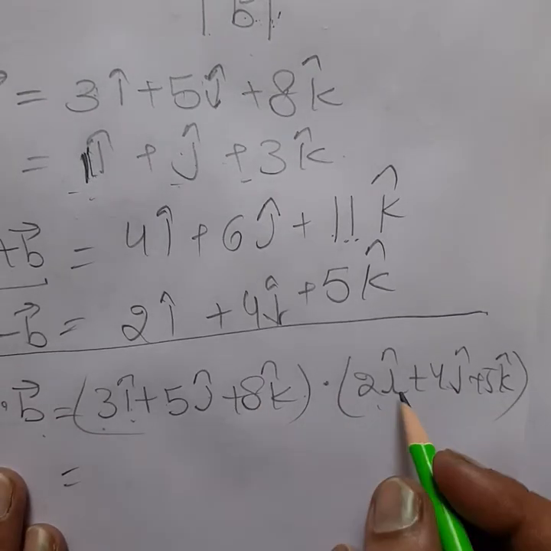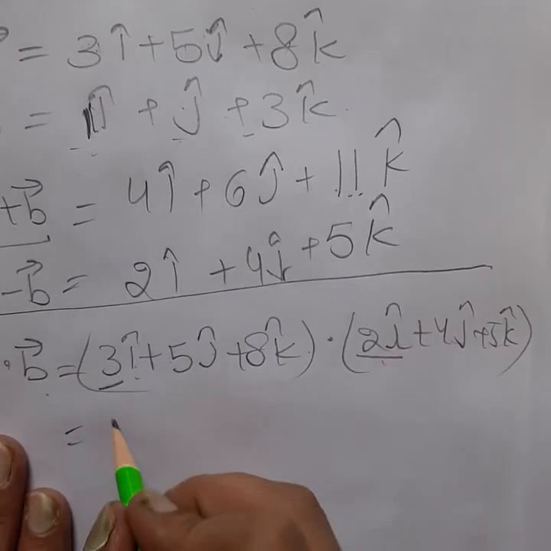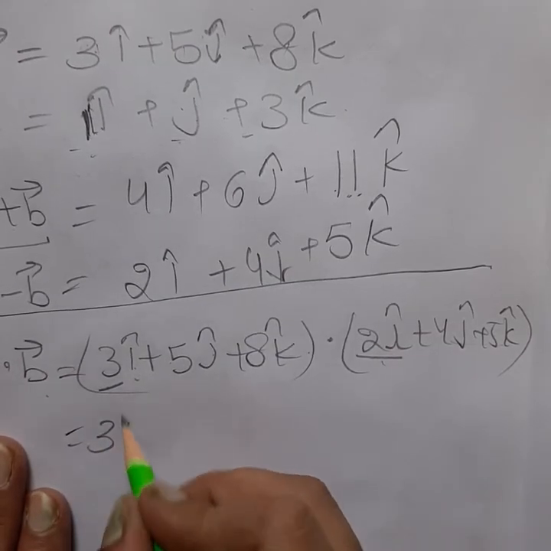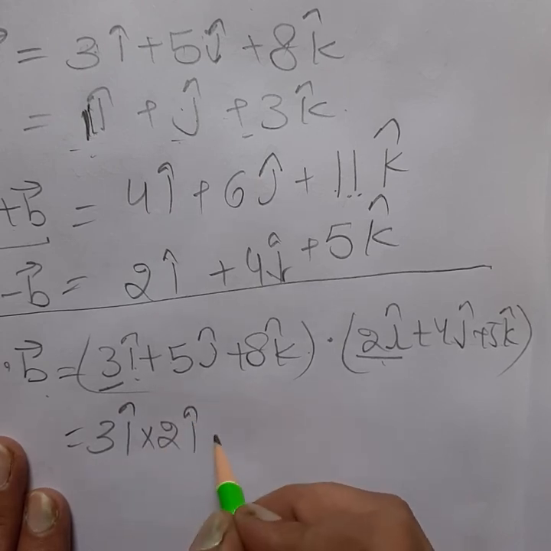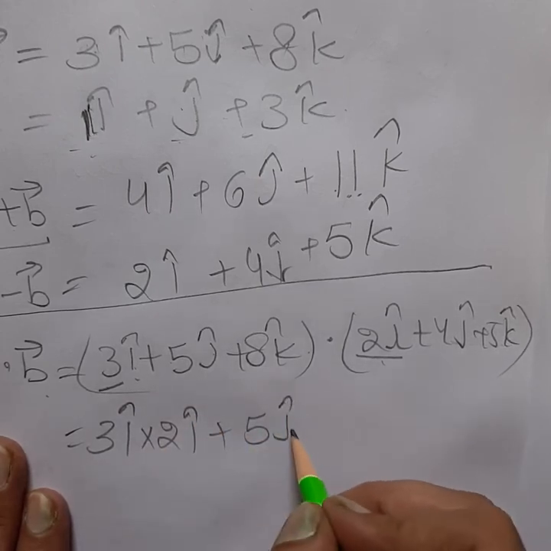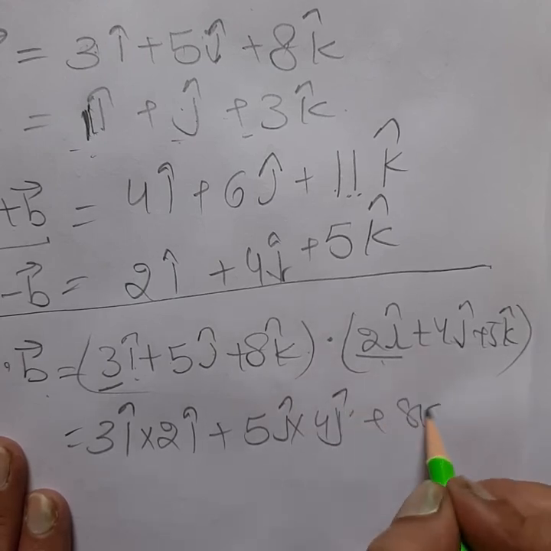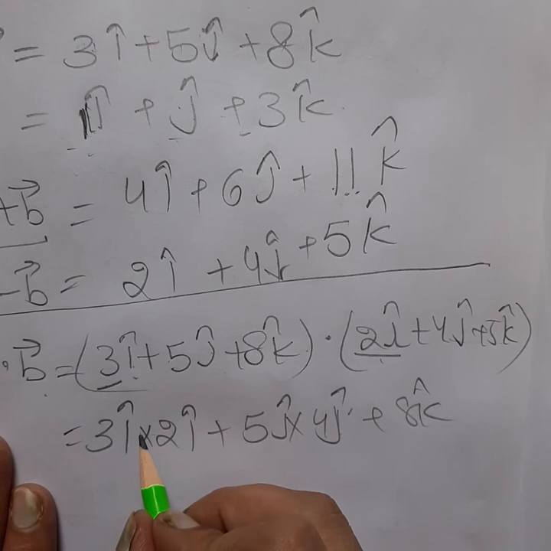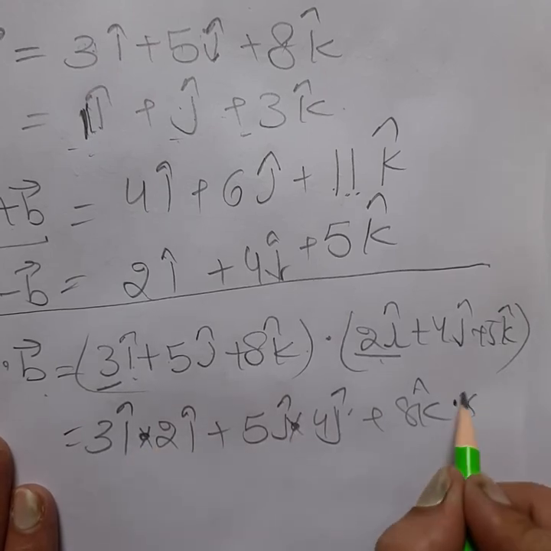So when we multiply these two vectors, first of all we write here thoroughly: 3i multiply 2i, and 5j multiply 4j, and 8k, we should write here dot for your understanding, and 5k.